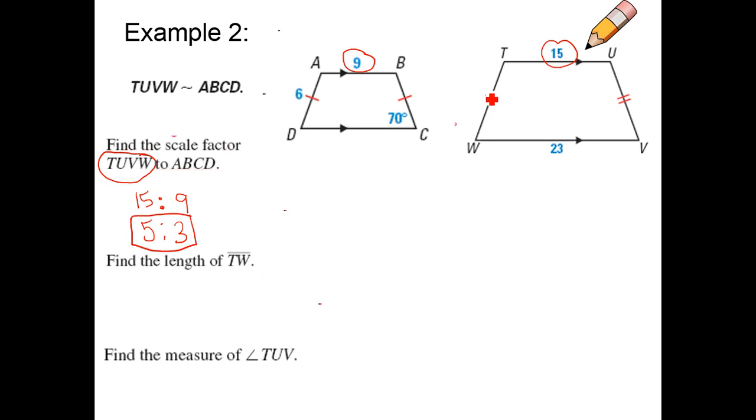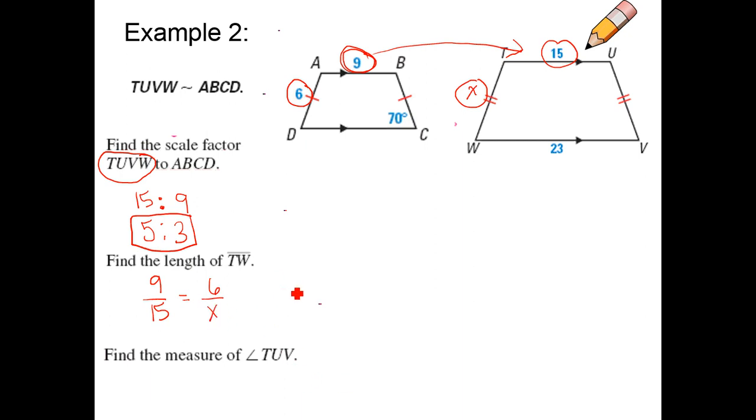Now, how can we use that to find the length of TW? TW is this side over here in the bigger one. Let's pretend there's an X right there. Using our understanding of proportionality and proportions, we should be able to solve for that X by setting up something we could cross multiply. Like this, 9 matches up with or corresponds with that 15. So if we were to make a ratio with those, that ratio would be the same as if I compared the 6 with the x. So 6 over x.